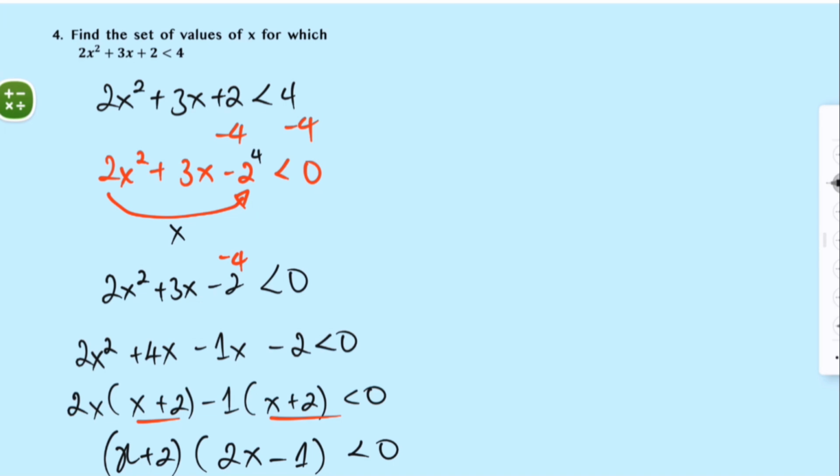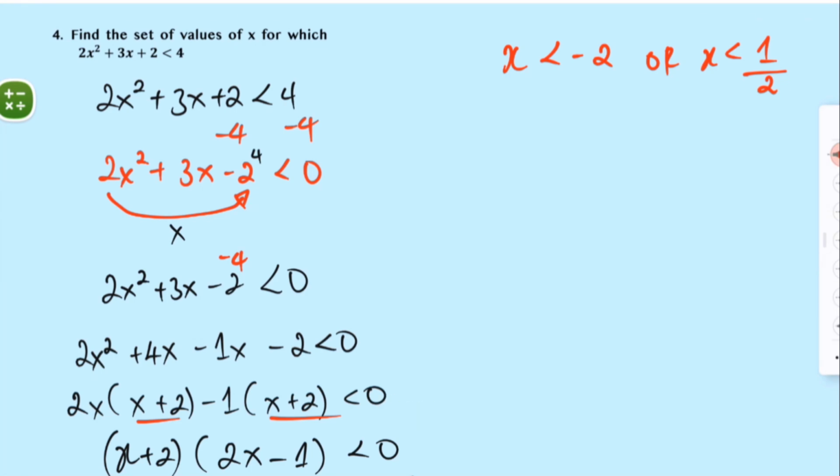Then we take each of them being equal to 0, because if two numbers multiply to give you a 0, then either of them has to be a 0, right? Okay, next we have x would be less than -2, or we have x less than +1, divide both sides by 2.